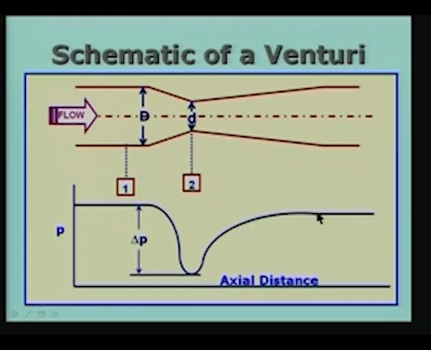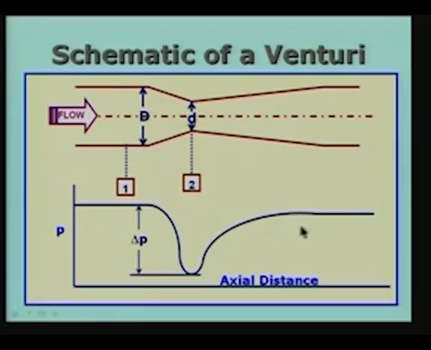But you will see that the pressure here is slightly different from the pressure here, because the pressure does not come back to the original value, but there is a slight difference between P1 and the pressure at the exit. This difference is called the irrecoverable pressure loss, and later we will see how it varies with different flow metering devices, the venturi, the nozzle and the orifice plate.